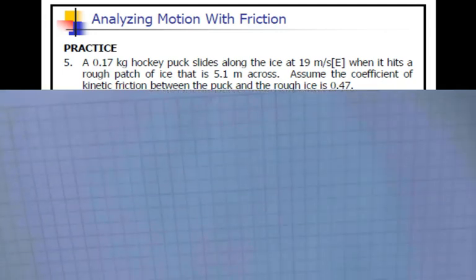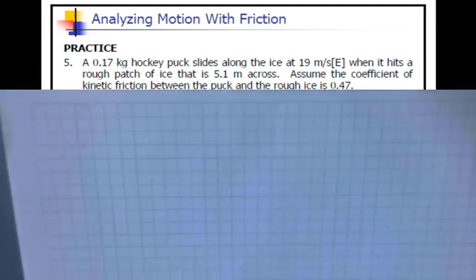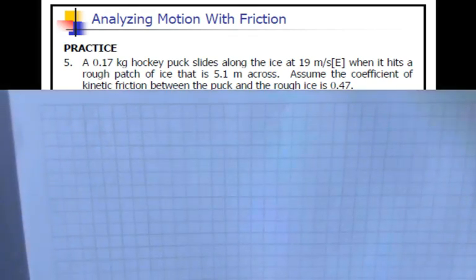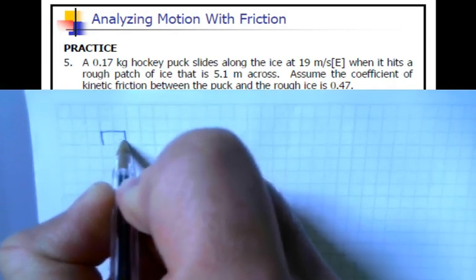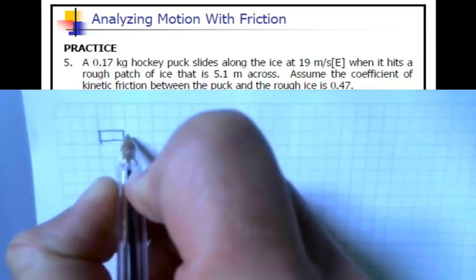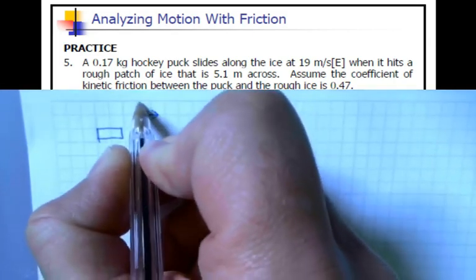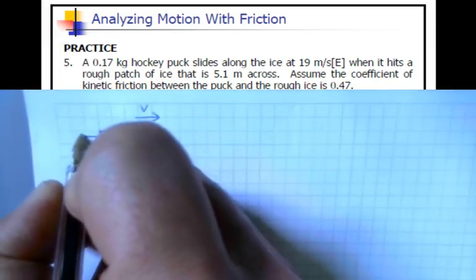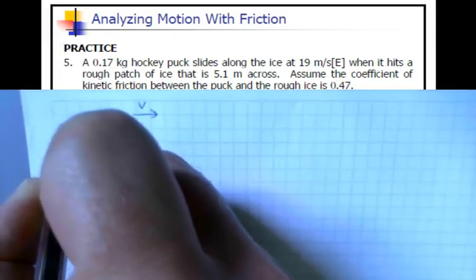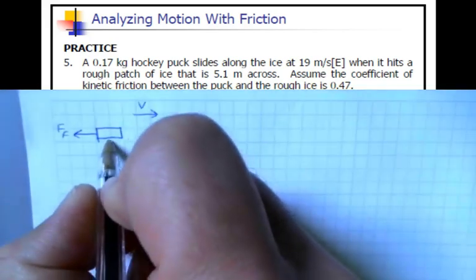So what's happening to this hockey puck? Well, in the free body diagram, the hockey puck is moving, but let's say its motion is to the right. However, it's only experiencing a frictional force backwards.